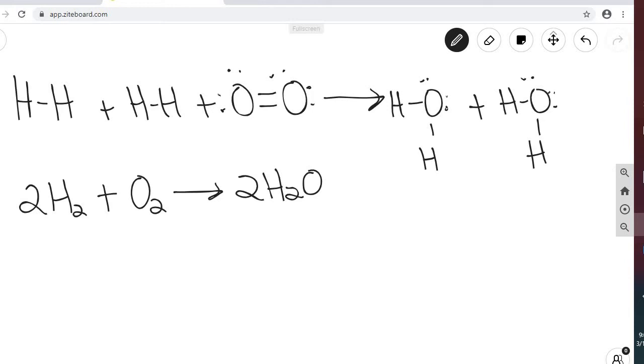The bonds that hold these elements together contain energy, and so that allows us to look at enthalpy within a chemical reaction. So in other words, enthalpy relates to bond energy.